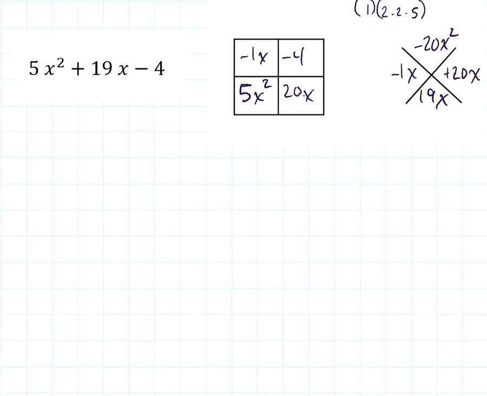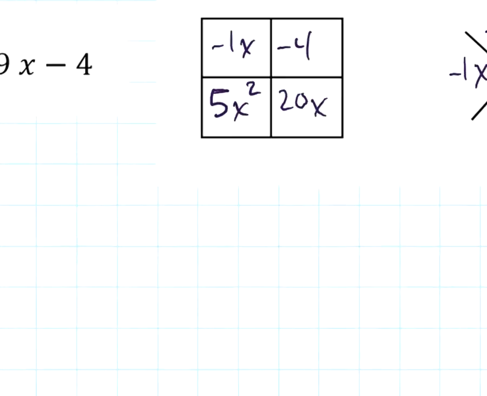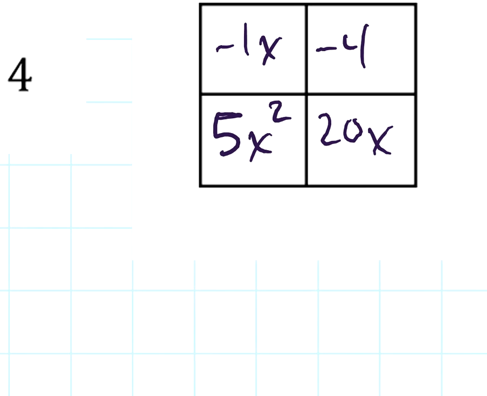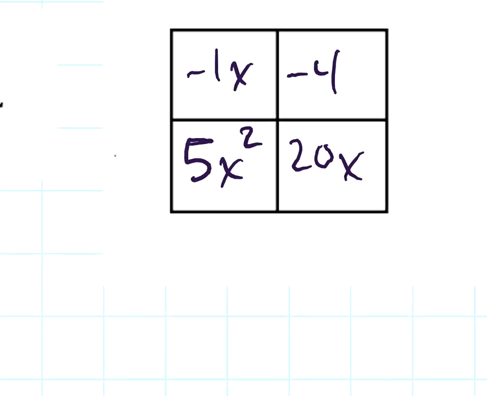Now that I have my areas filled in, I need to figure out what are the items that would multiply to give me those. I like to start with this bottom row. The greatest common factor for 20x and 5x squared is 5x. So I'm going to write a 5x right out here.